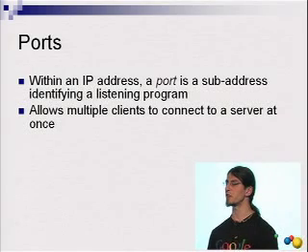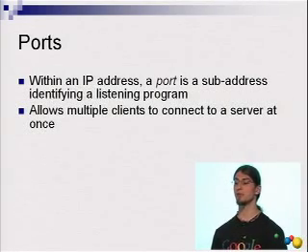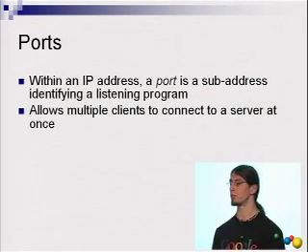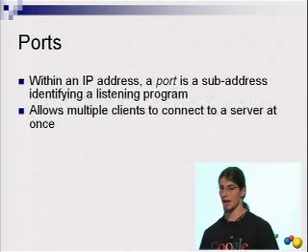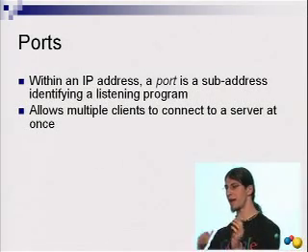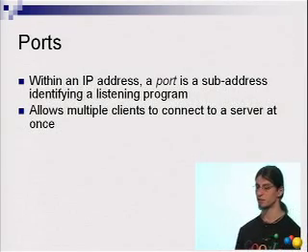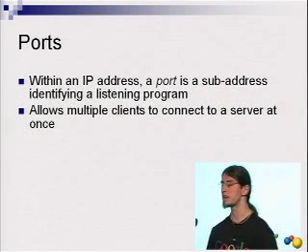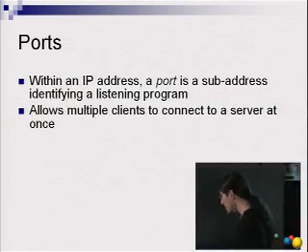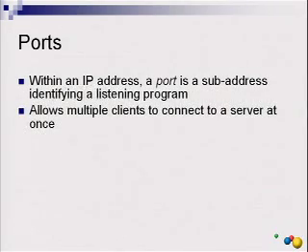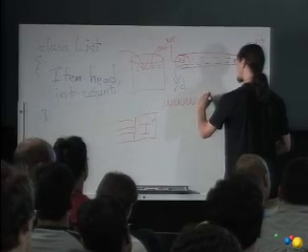So instead of just using an IP address, we actually use sub-addresses within the computer, which we call ports. And a port is just another number that we add on to the end of our address that identifies which program we want to use to receive the traffic. So when you connect to a website, for example, like www.google.com, we don't actually give a port.